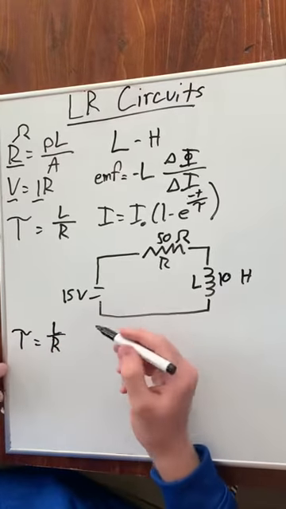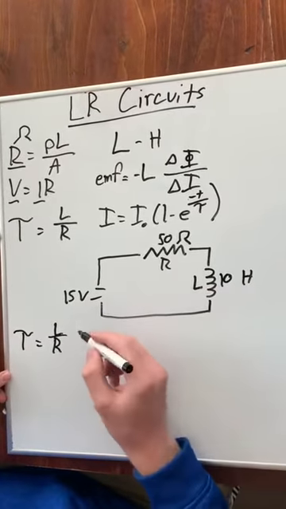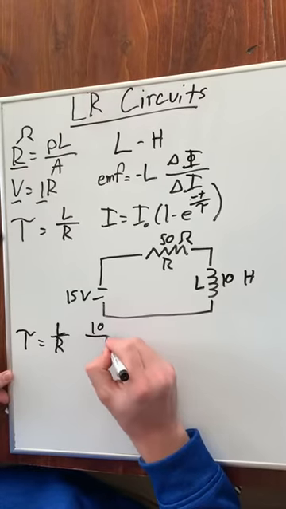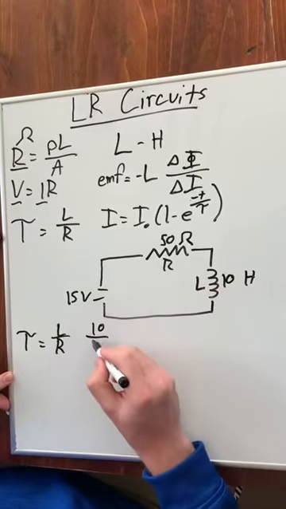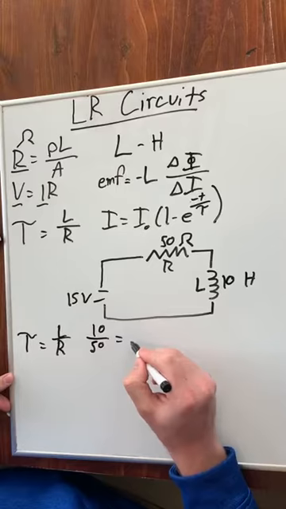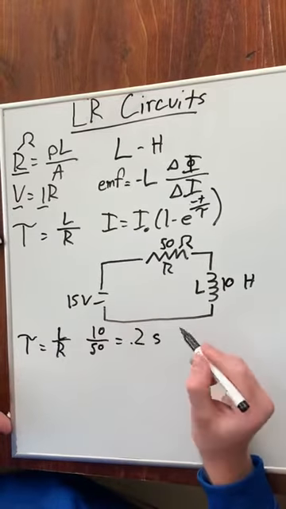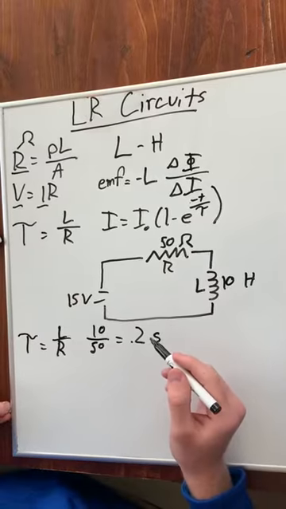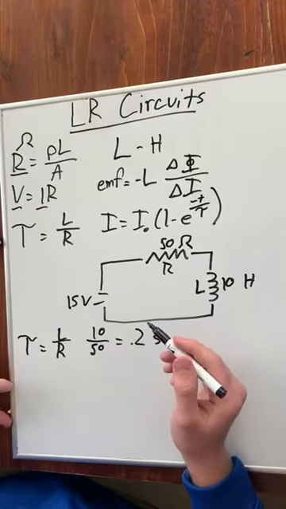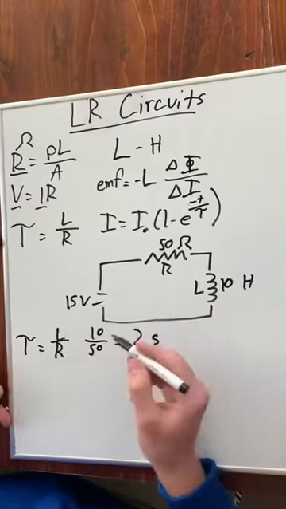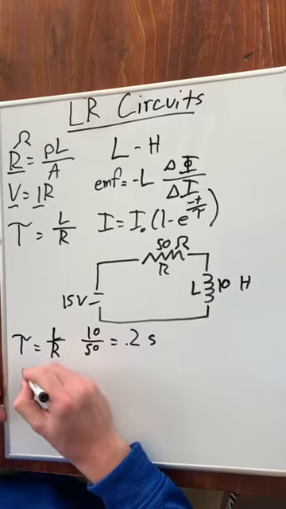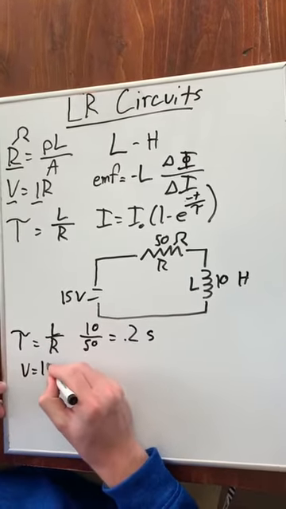So in this situation, we would just take our inductor, which is 10 henries, divided by our resistor, which is 50, which would give us a tau of 0.2. And we know this is the time constant, so that's measured in seconds. Next, if we were to try to find the current, the equation we use frequently is V equals IR.